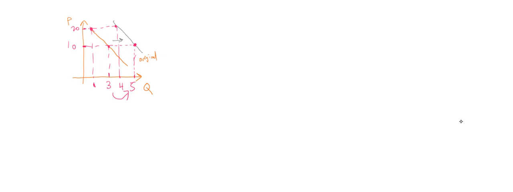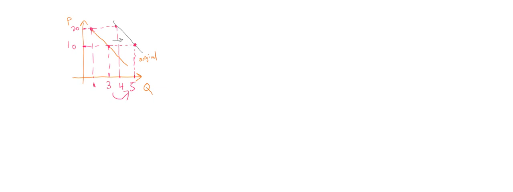So for any point along the original curve, for a given price, the amount of items demanded has increased, and that's why it's a shift to the right side whenever an external factor causes an increase in demand.